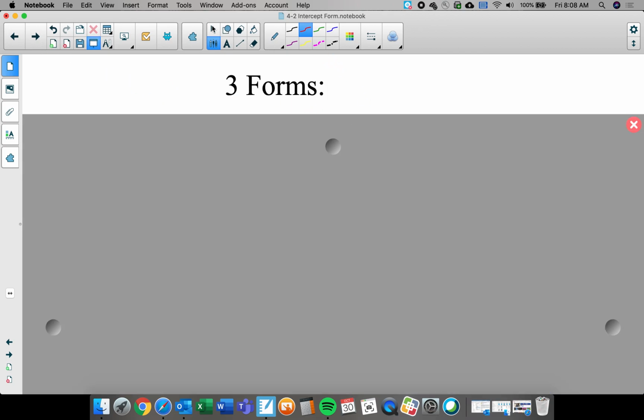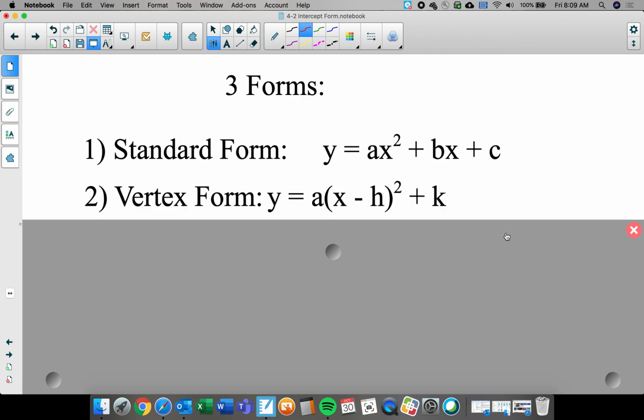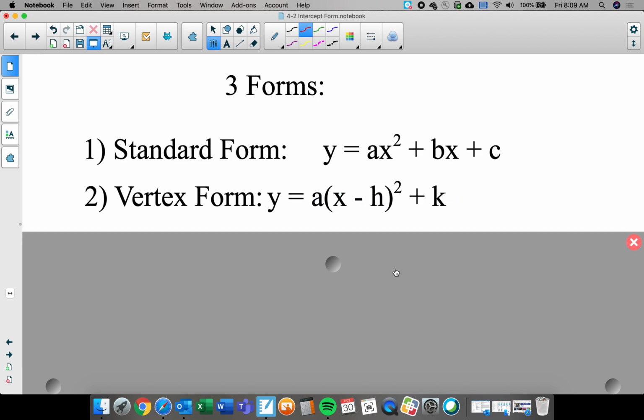So that means there are 3 forms of a quadratic equation. Number 1 is standard form, which we said we can find the vertex, and we've got the y-intercept as c, and we have an a value that tells us opening up or down. Vertex form, where I can very easily find the vertex and use the a value.